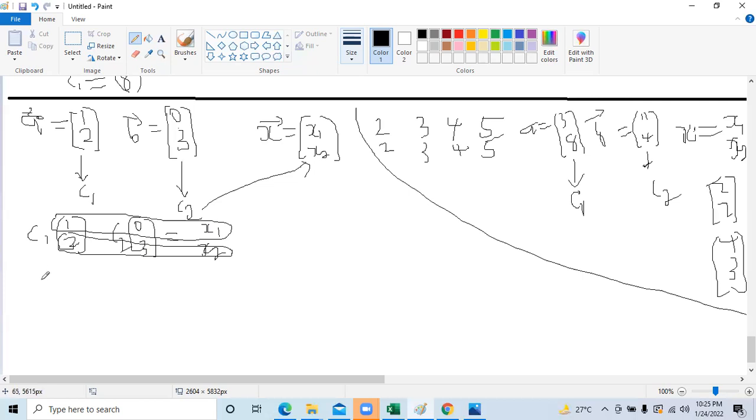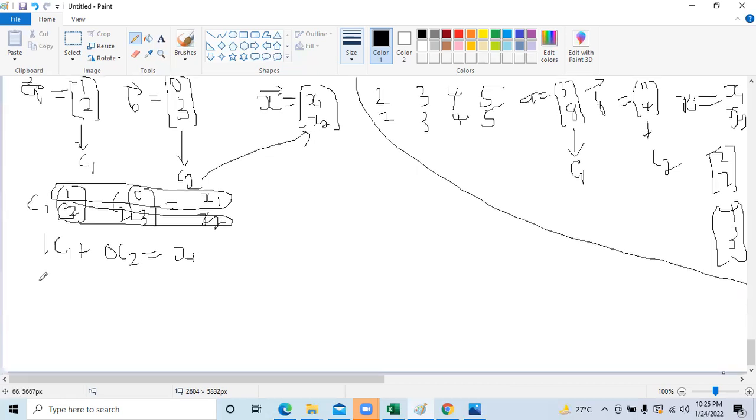So that will be 1 C1 plus 0 C2 equals X1. Then 2 C1 plus 3 C2 equals X2.